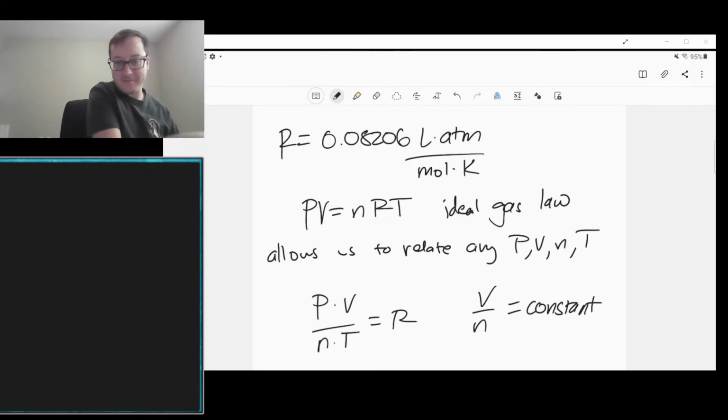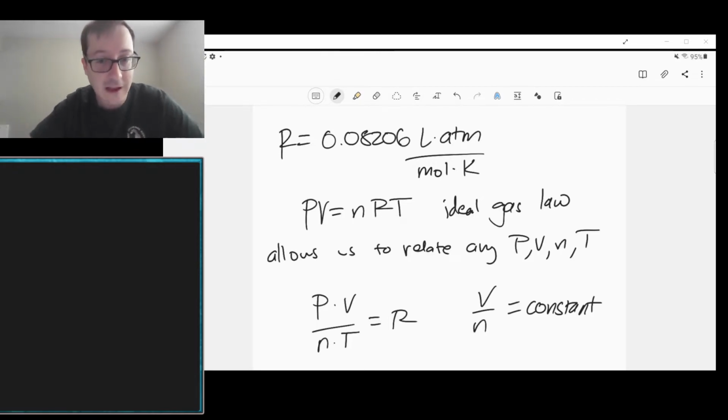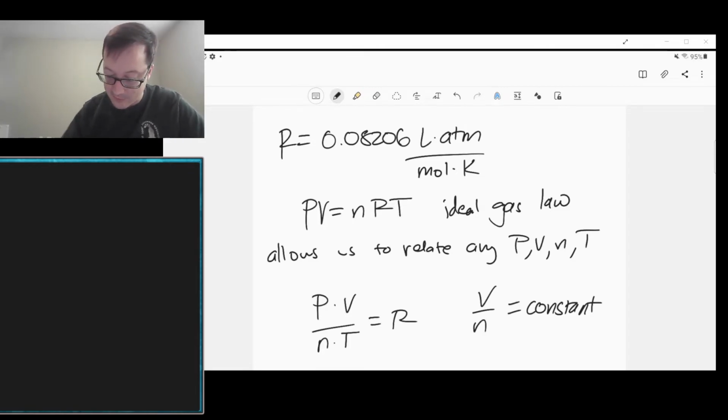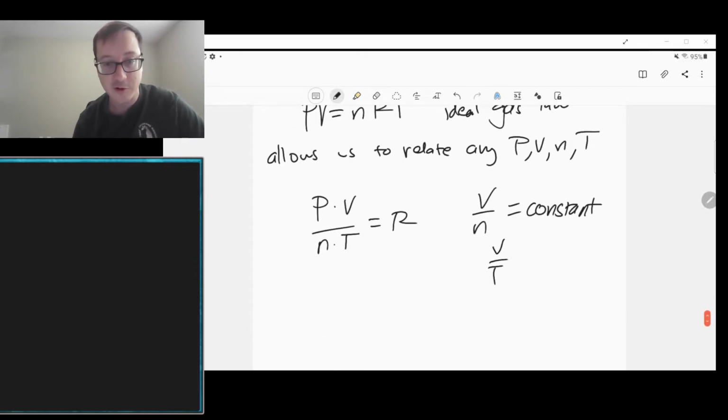If I have 1 pound of flour versus 500 pounds of flour, the 500 pounds is going to take up more space, right? So we can figure out relationships otherwise. Or we can also say that volume and temperature are directly proportional. As the temperature goes up, the volume gets bigger. And we know that things expand when they're heated. So that makes sense to us as well, and they contract when they're cold.